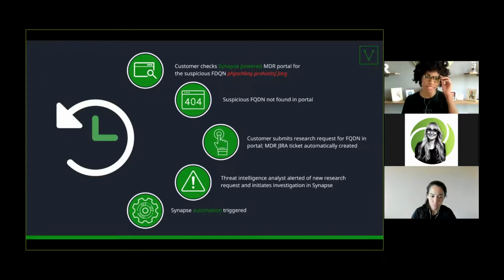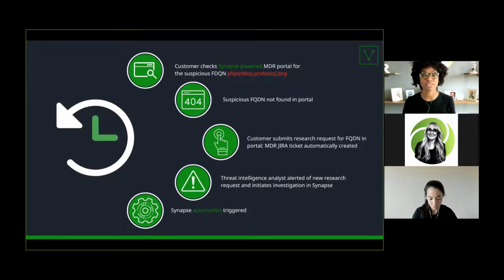So for this case study, what we have is a situation where a managed defense and response customer for a security services firm checked their Synapse-powered customer portal for a suspicious domain, something that they noticed within their environment. When they check for this domain in their portal, nothing is found. So since it's not found in their portal, that means that no context must exist for this domain within Synapse.